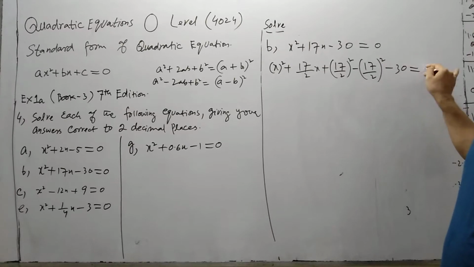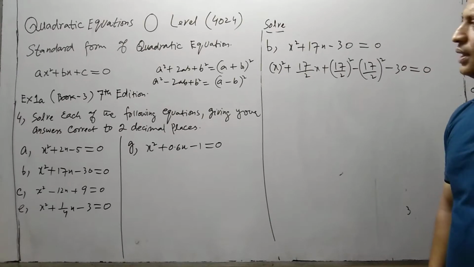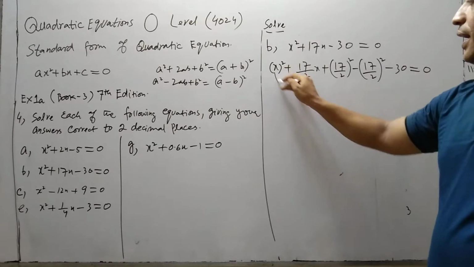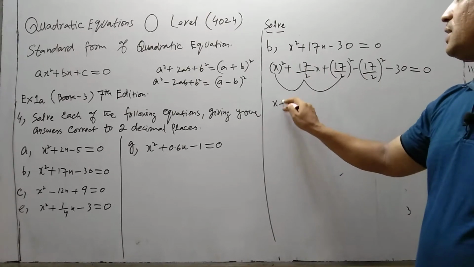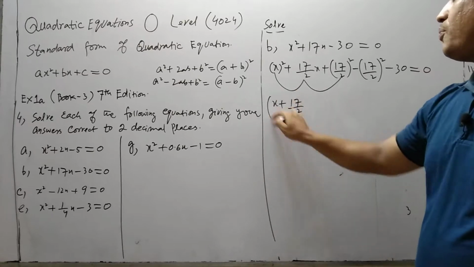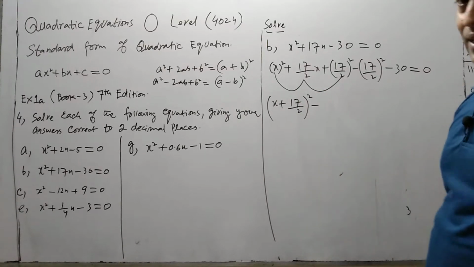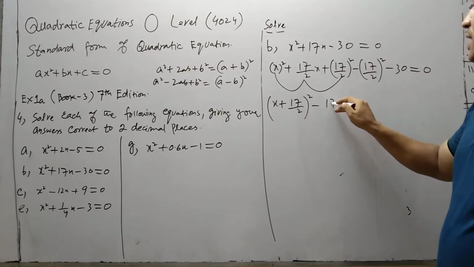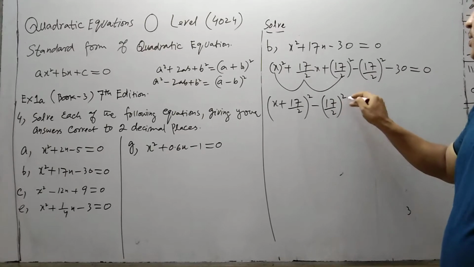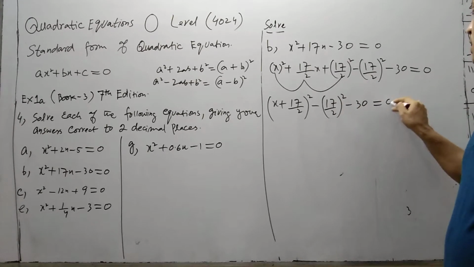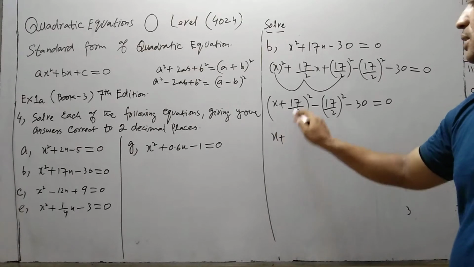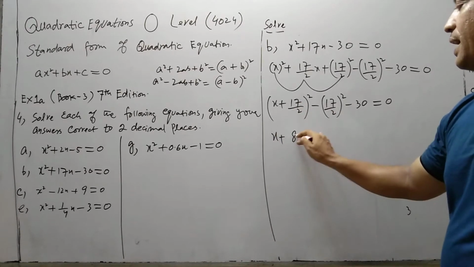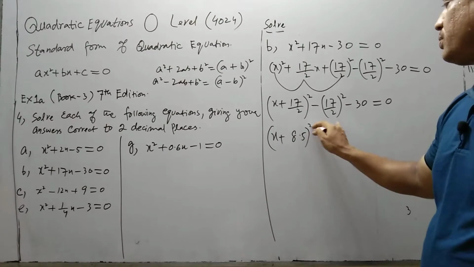Minus 30 is equal to 0. Then this is your a, this is 2ab, this is b square. So your answer is (x plus 17 upon 2) whole square minus (17 upon 2) whole square minus 30 is equal to 0. (x plus 17 upon 2) is 8.5 square.